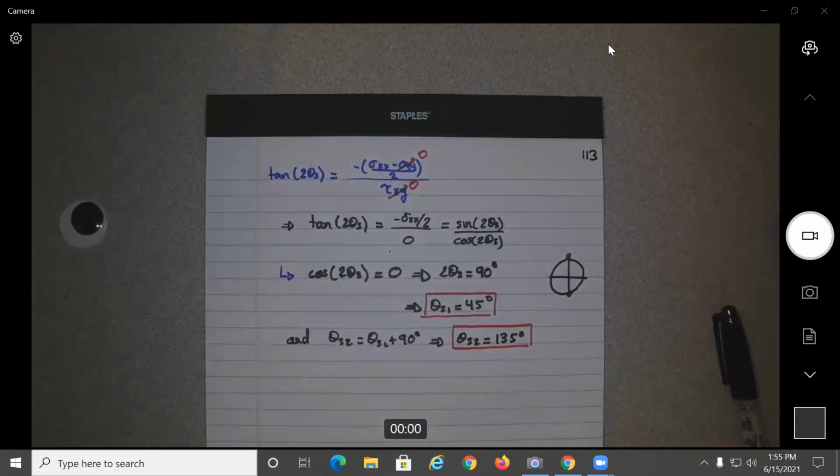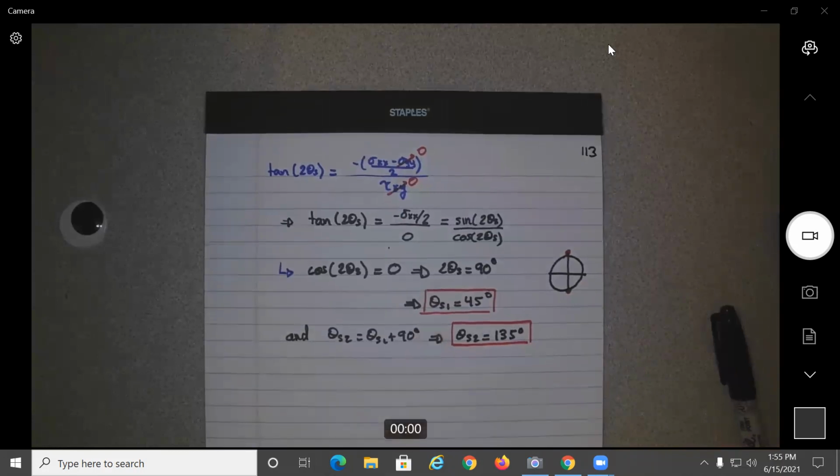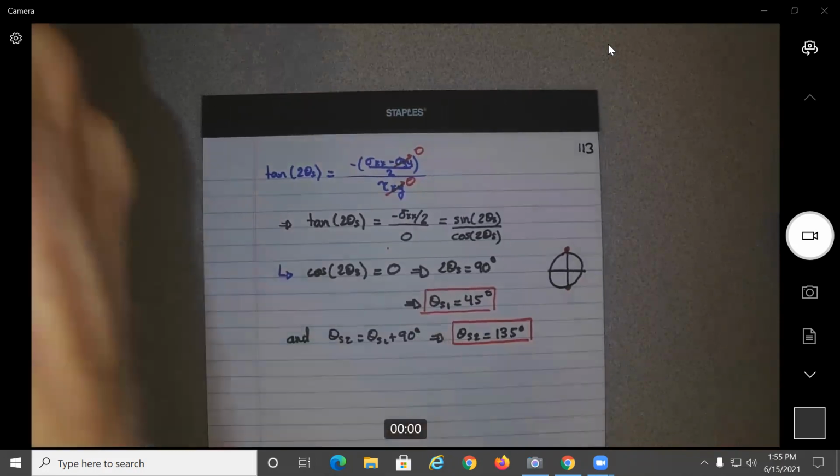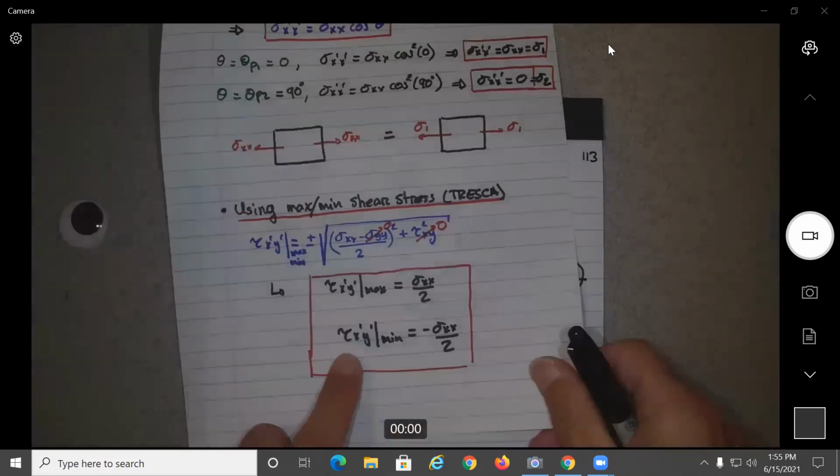All right, one last step. Now we need to know which one of these corresponds to tau max or tau min. So which one will go with this one or this one?